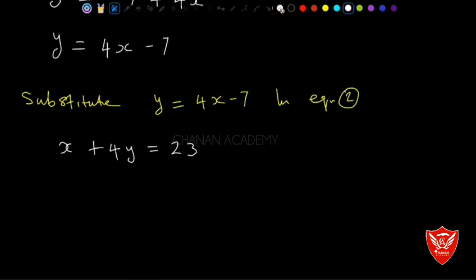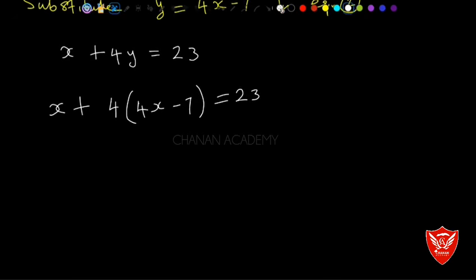If we substitute that, we are going to have x plus 4 open bracket 4x minus 7 close bracket equal to 23. If we open the bracket, 4 multiplied by 4x is 16x, minus 4 multiplied by 7 is 28, equal to 23.